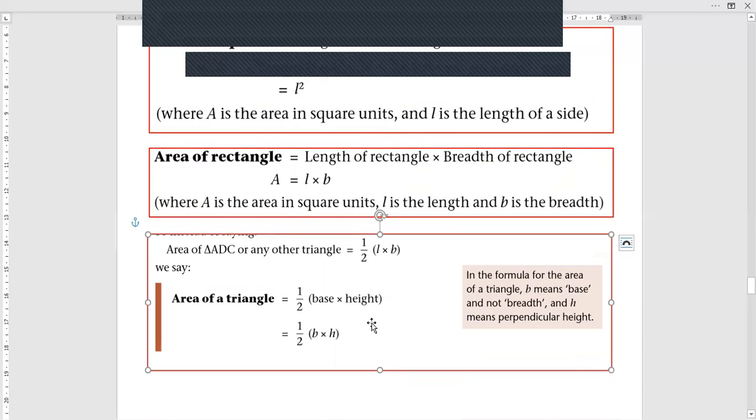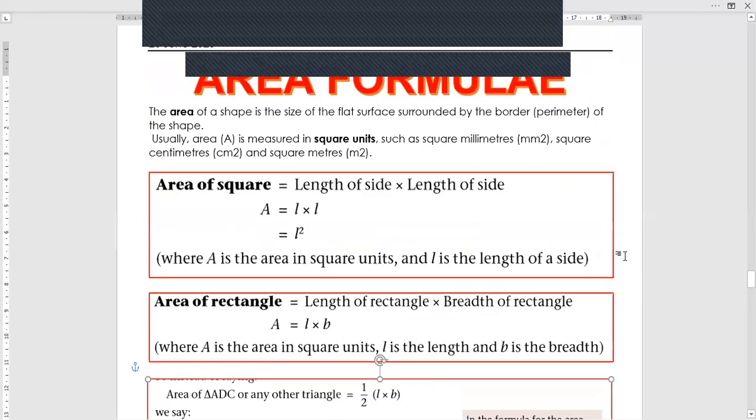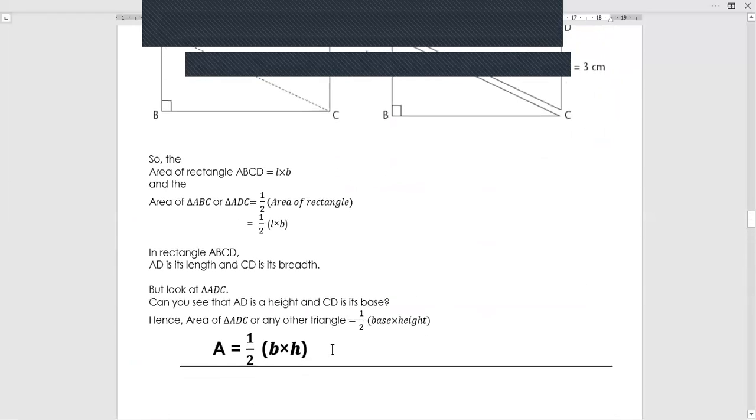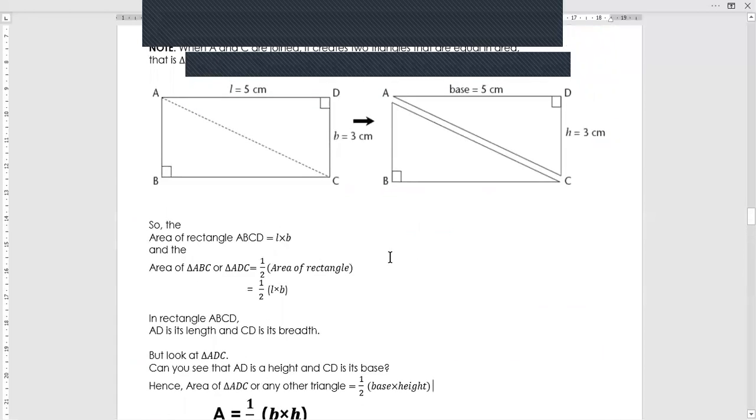And with a triangle, it's a bit different, which is what is explained here on why it is different. And basically the formula for the area of the triangle is coming from a rectangle. Okay, and that's where you get the half. So the half is actually when you cut the rectangle in half to create two right angle triangles.